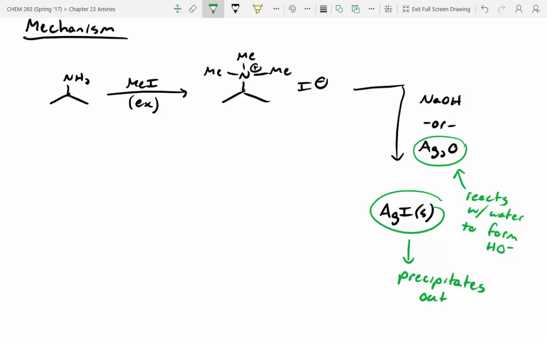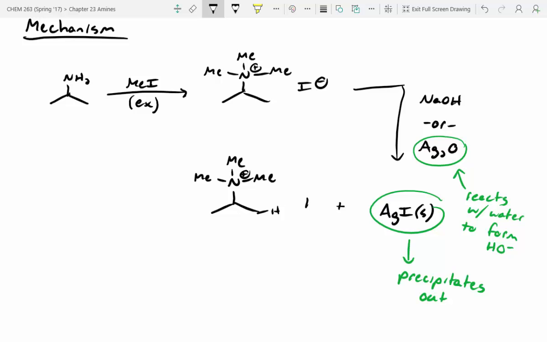If you remember your solubility rules from Gen Chem, I'm not sure how detailed you got, but a lot of these silver salts are really insoluble. And then we've got our same intermediate, but now we've got hydroxide floating around, none of that pesky iodide. We've got a proton right here.